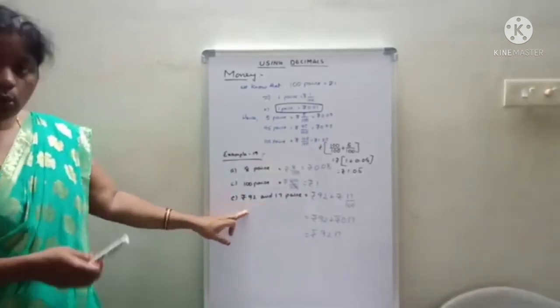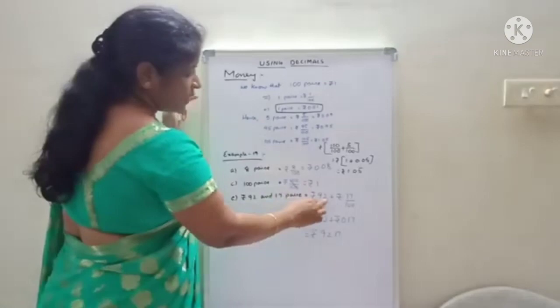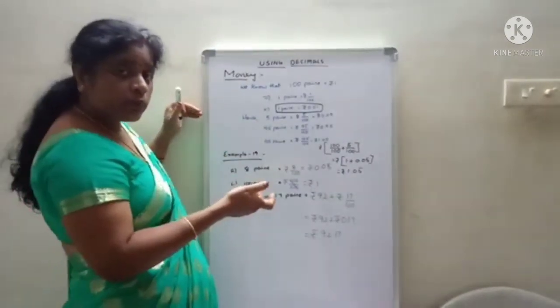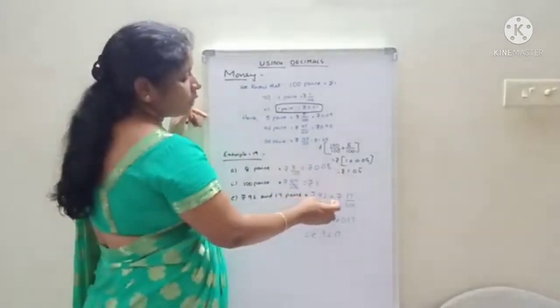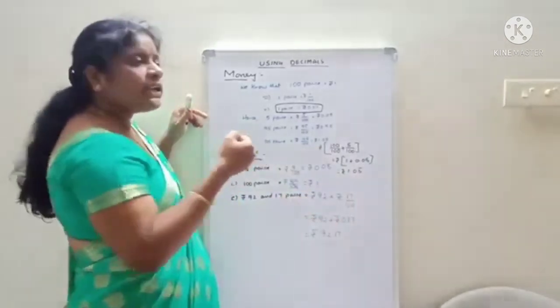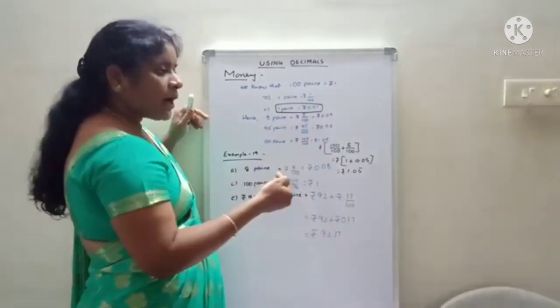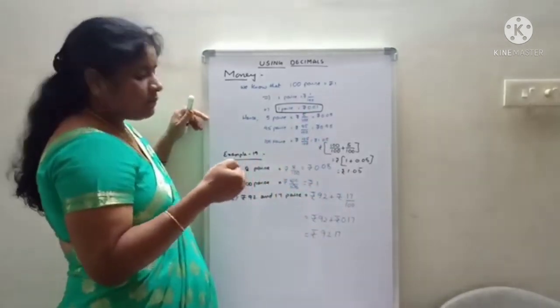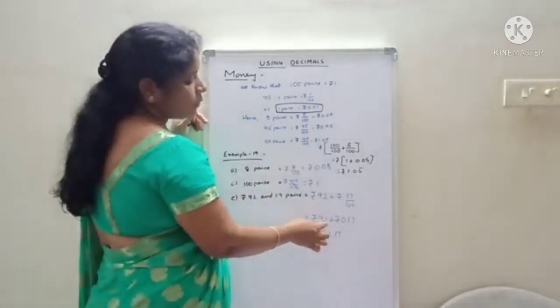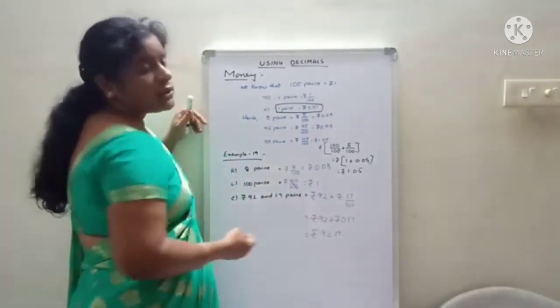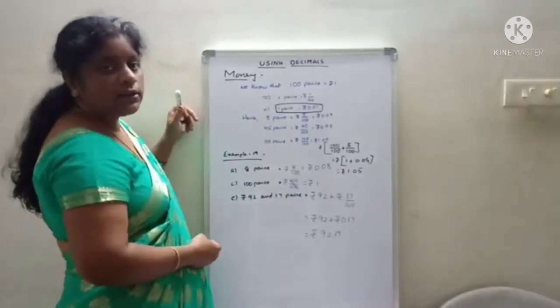Rupees 92 is the whole number part. So rupees 92 plus, convert these 17 paise into rupees, rupees 17 by 100, which in decimals is 0.17. So rupees 92 plus rupees 0.17, add them: rupees 92.17.